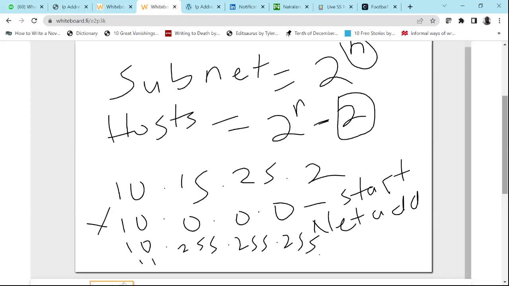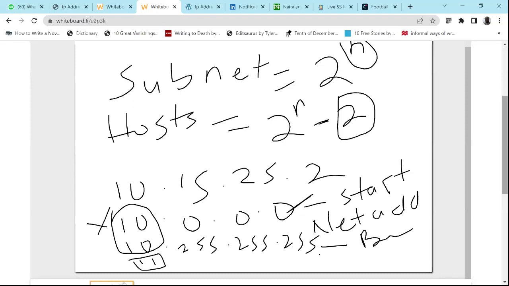If we add any bits, the first octet will turn to 11 and it's no longer in this 10 network. So the very last and the very first addresses cannot be assigned. The first is the network address. The last is the broadcast. So that's why to get the usable hosts, you have to subtract 2.